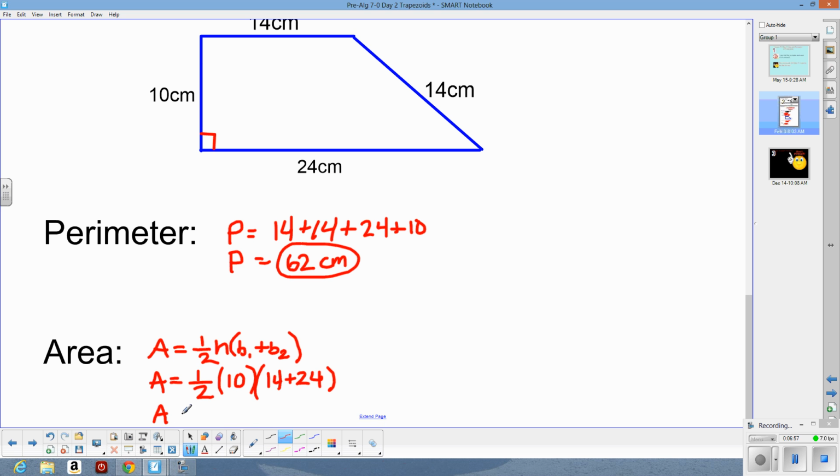So the area is going to equal 1/2 times 10 times 24 plus 14. That's going to be 38. Now I'm going to go ahead and rearrange this and multiply the 1/2 times 38.